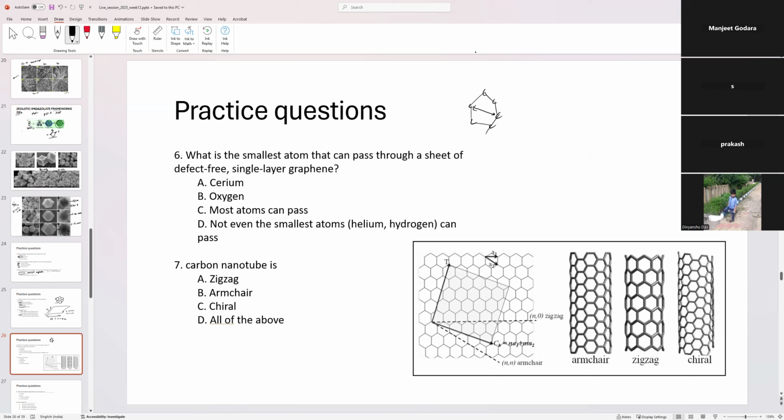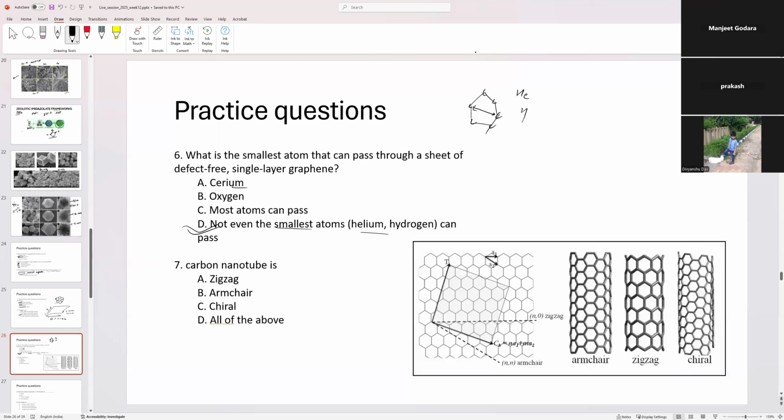So most of these bigger atoms, cerium is a big atom, oxygen molecule is a big molecule, they won't pass through it. Maybe helium, hydrogen, because they are very small, they can pass through, but nothing else passes through. Nothing.